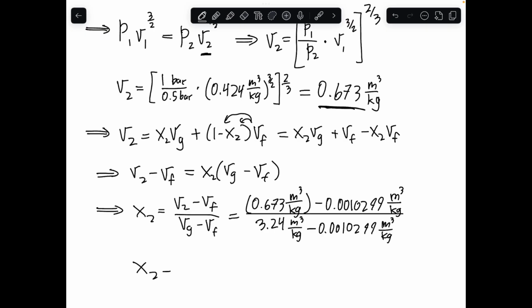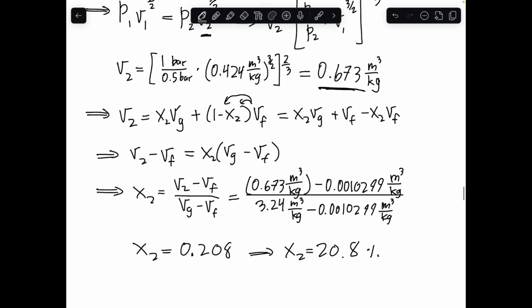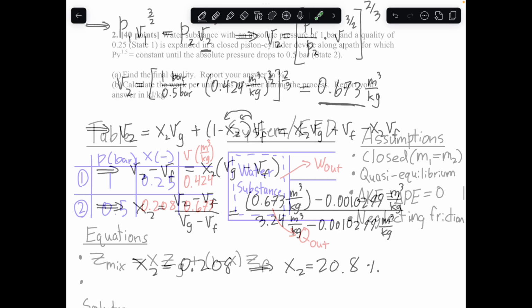And that should evaluate to x2 equal to 0.208, or they told us to write it in percentage, so x2 equals 20.8%. So that should be our final answer. X is equal to 20.8.